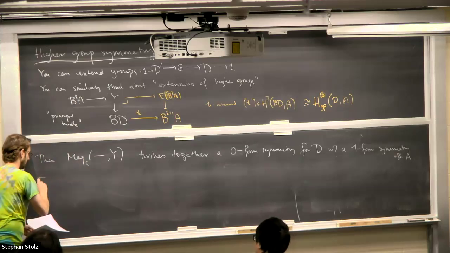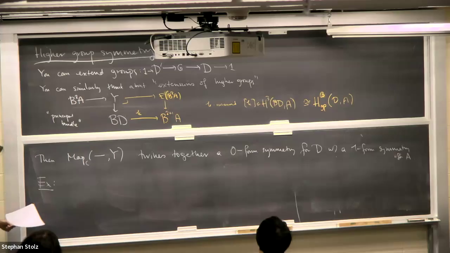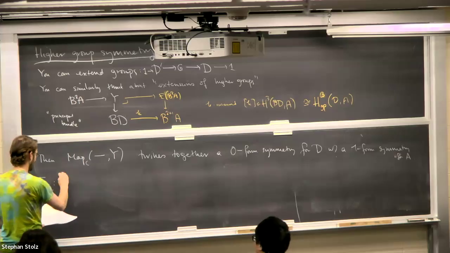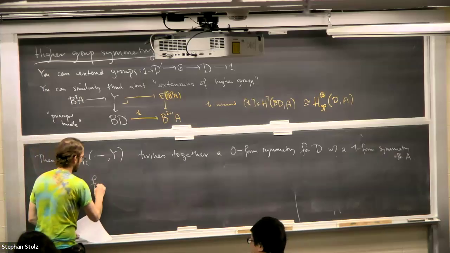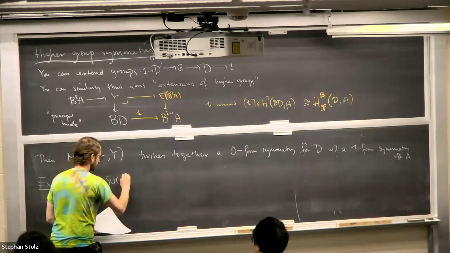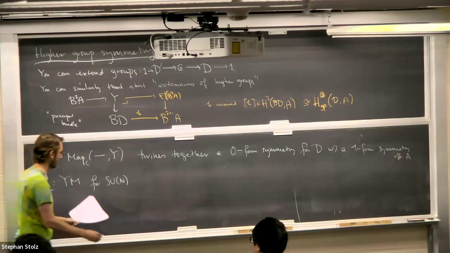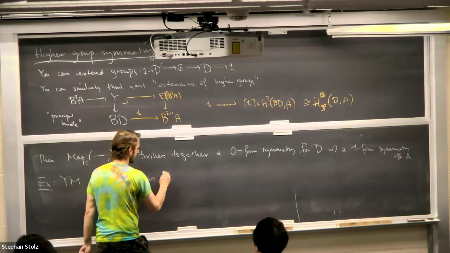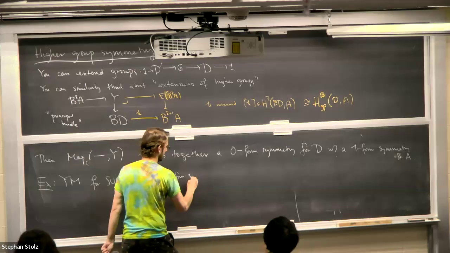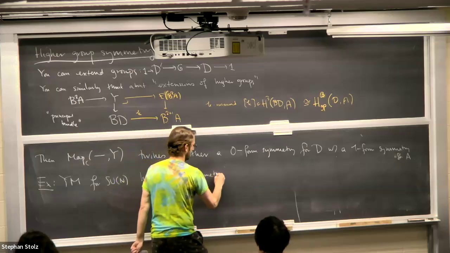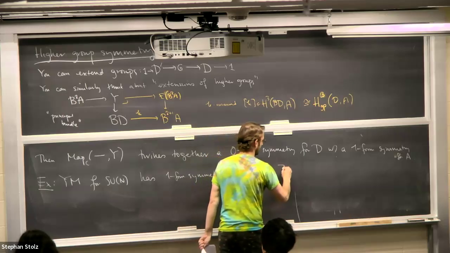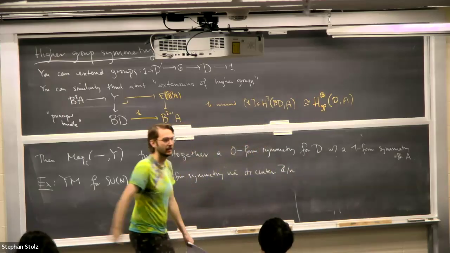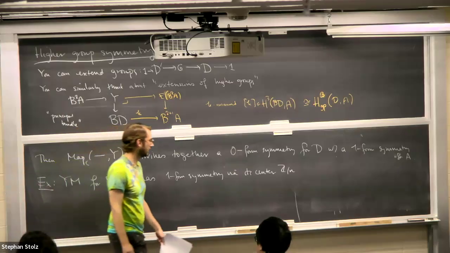There's an example which I'd like to understand, but I haven't gone through, that I read in a paper. I just want to mention it. Yang-Mills for the group SU(N) has a 1 form symmetry, its center, Z mod N. You saw the N equals 2 case over here.